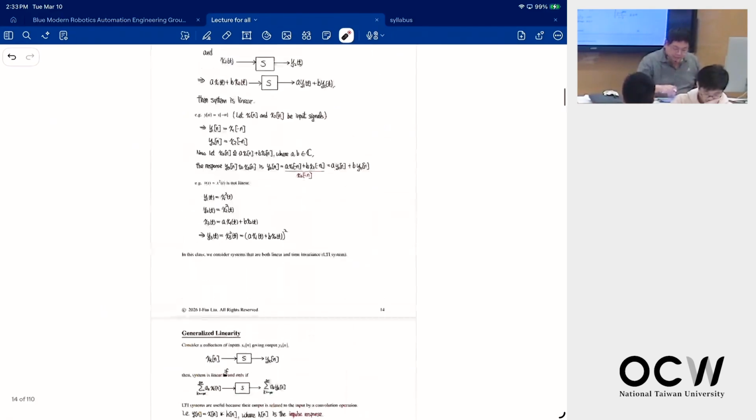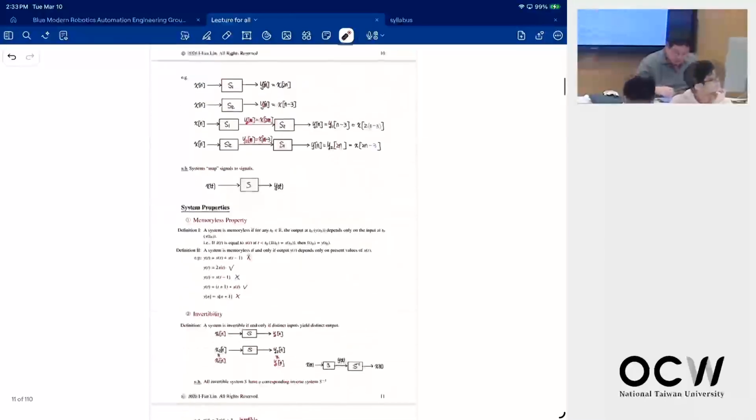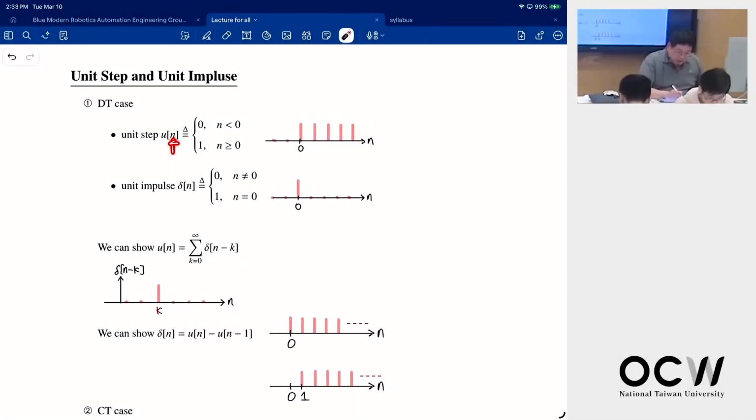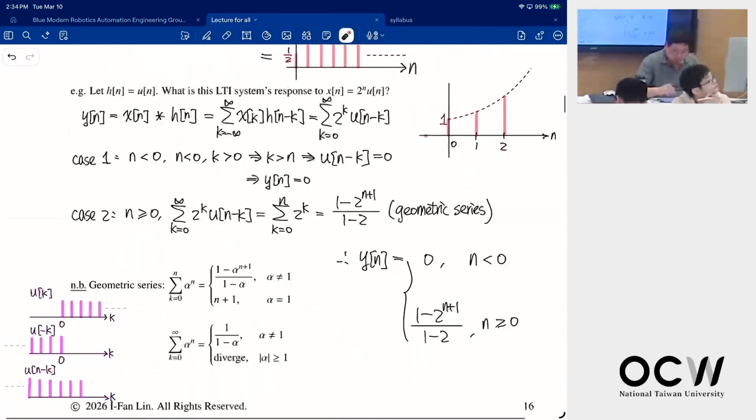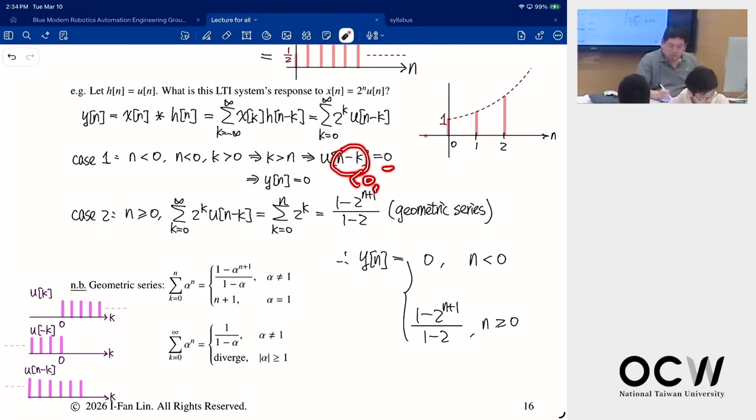Let's see the definition of the unit step function. When the argument is less than 0, the value is 0. Only when it is greater than 0, that's 1. Otherwise it is 0. Overall, this is less than 0, so the answer is 0.